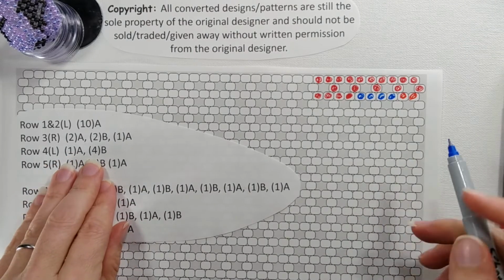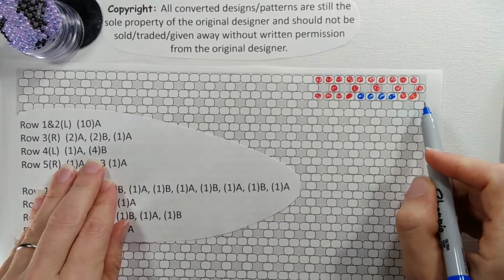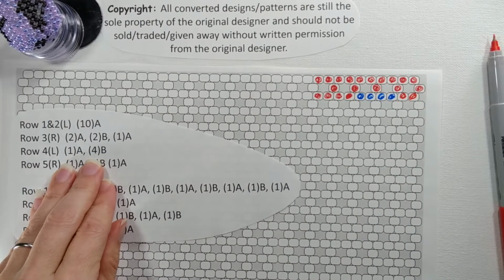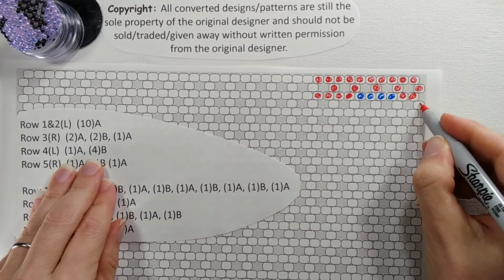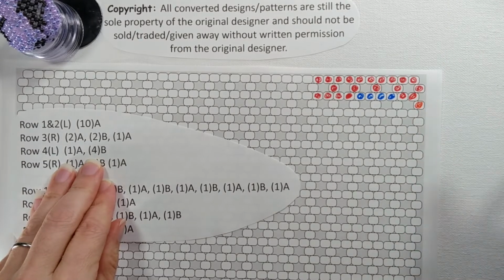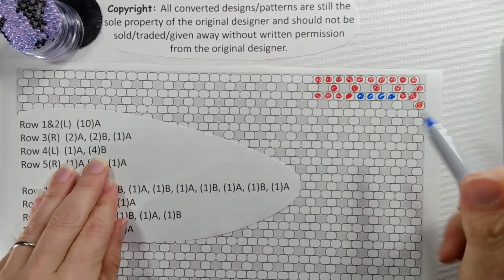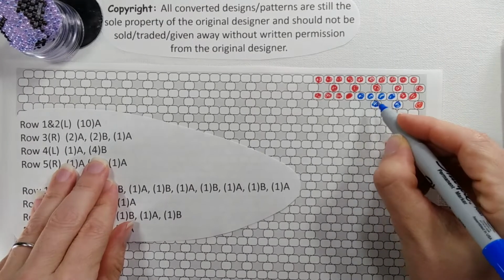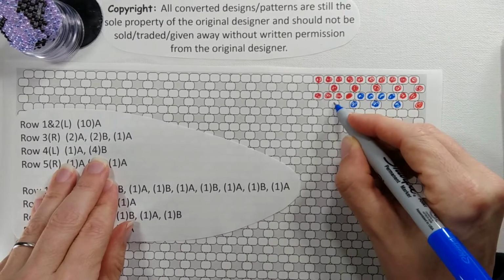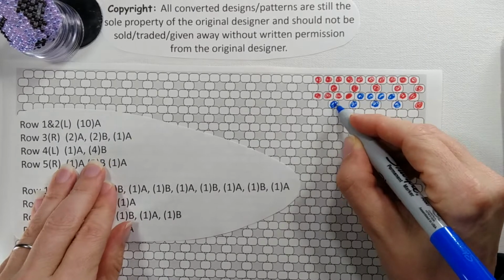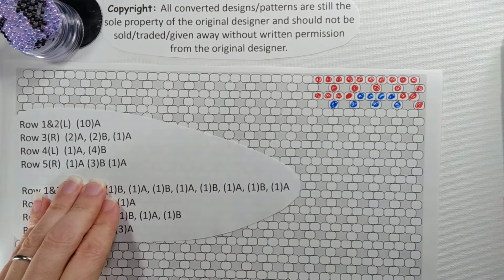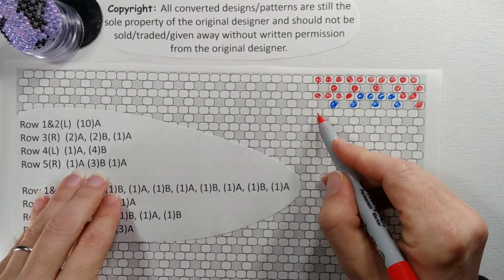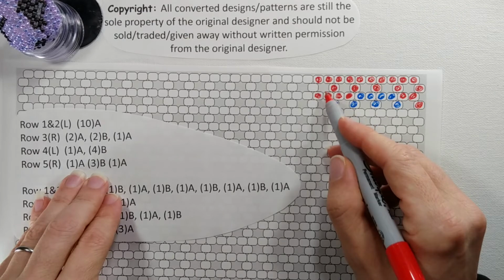And then 4 will start over here again, and we want to line it up with 2. So we start with an A, and then we have 4 B's. And then 5, we'll start on this side, and we will line it up with the other ones.